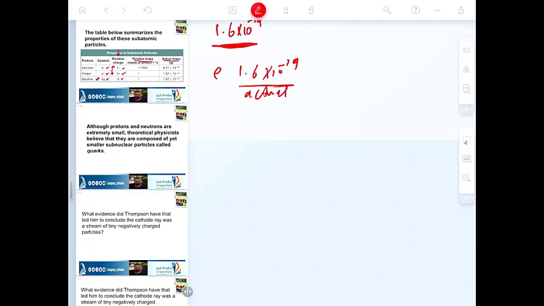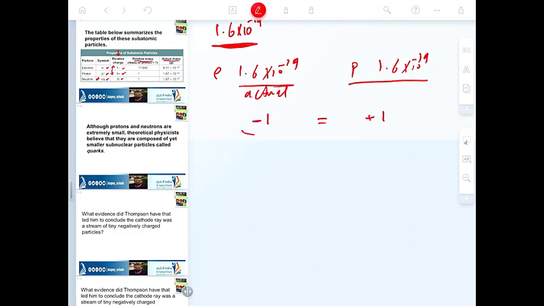The charge of the proton is the same, 1.6 times 10 to the 19. So the charge of an electron equals that of a proton, but one is negative and one is positive.